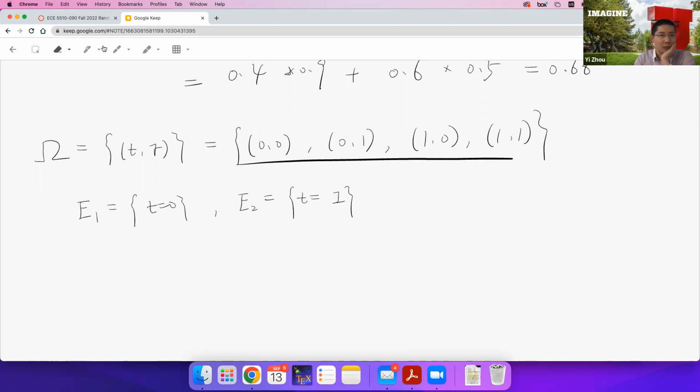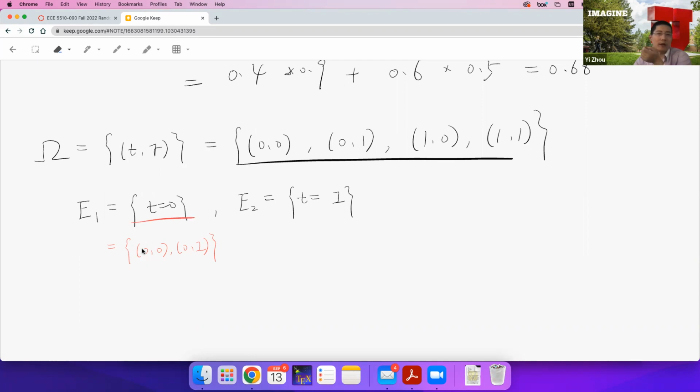Actually, to be more specific, T equals 0 means that in the outcome space, this event corresponds to two outcomes, either 0,0 or 0,1. Because for T equals 0, we only require the transmitted message to be 0. For the received message, we don't care.